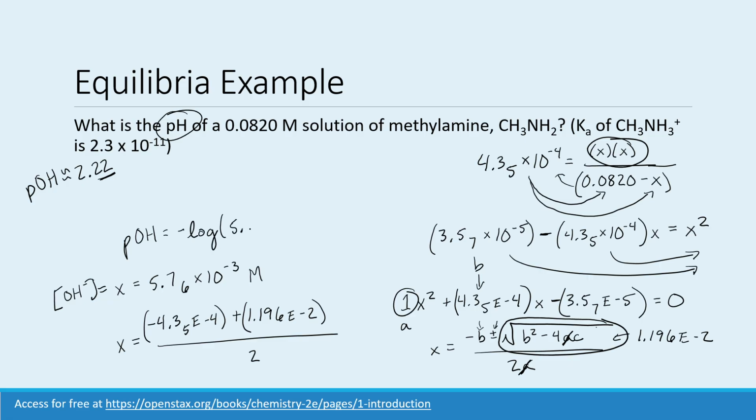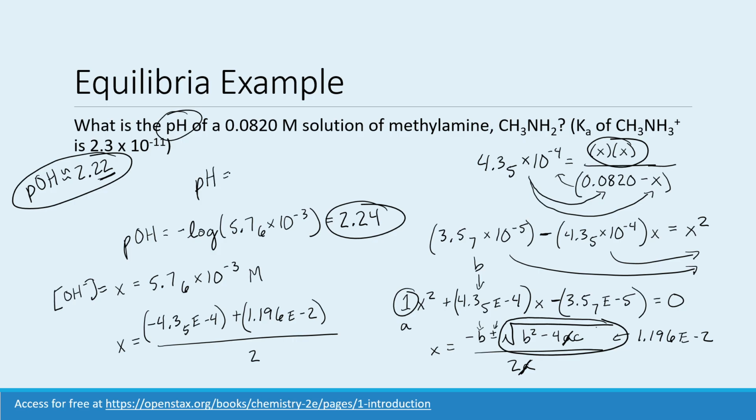So pOH equals the negative log of your concentration of the hydroxide ion, 5.76 times 10 to the -3. And that comes out to be roughly 2.24. So you can see how similar that value is to 2.22. So it just depends on how accurate you need to be.